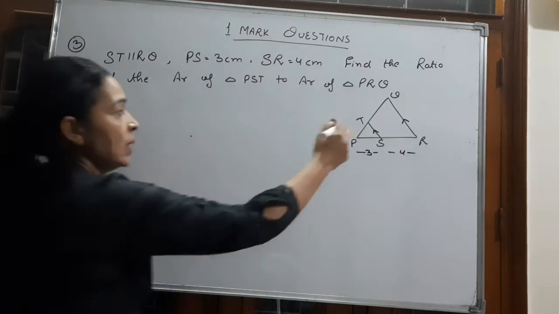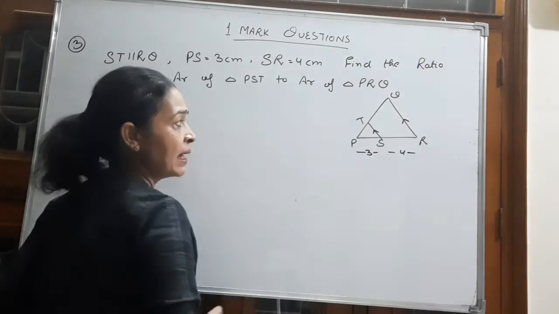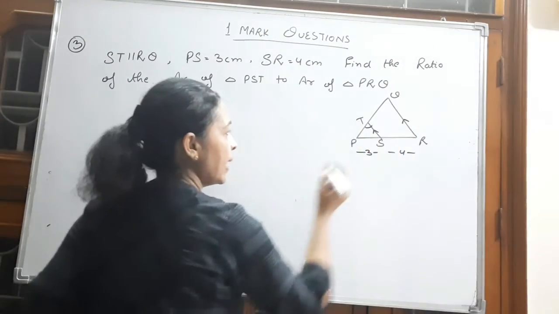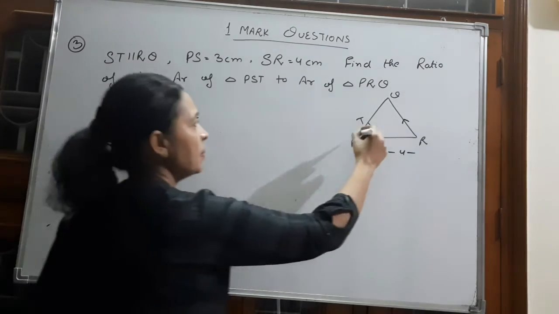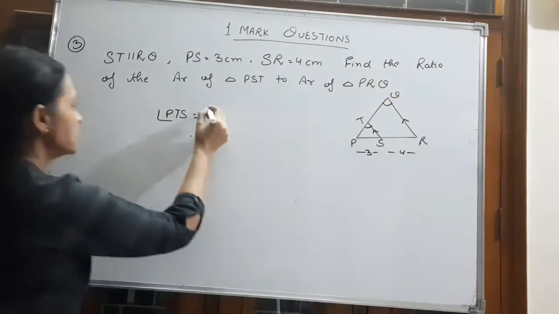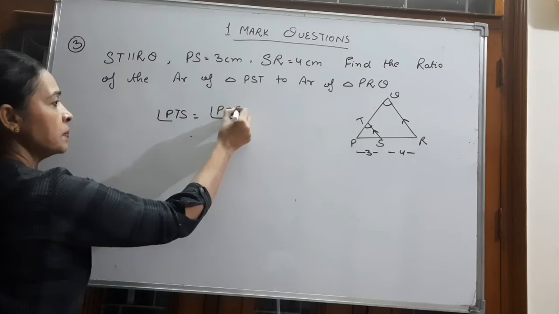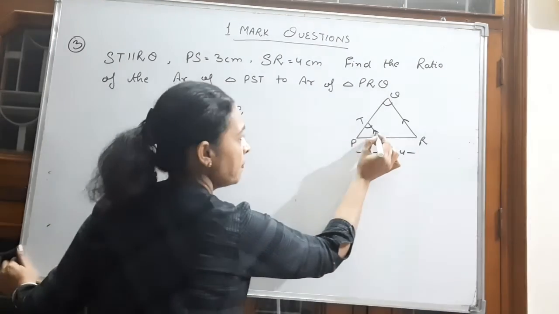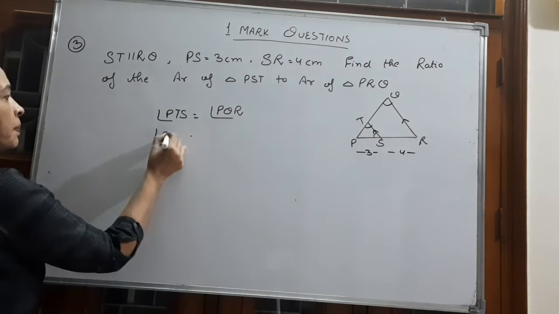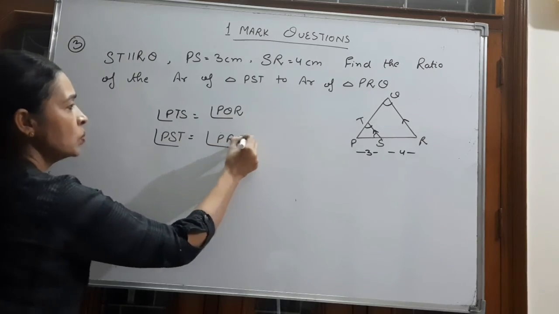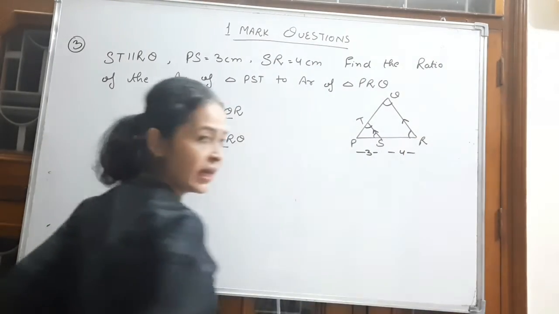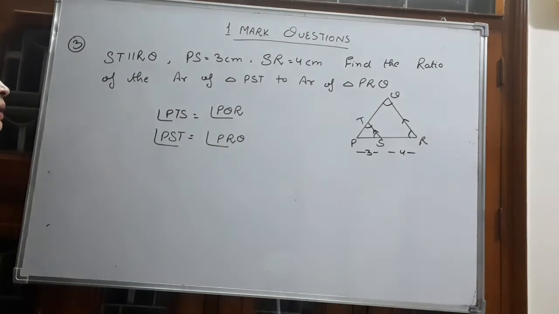Now, children, these lines are parallel. Angle PTS equals angle PQR and angle PST equals angle PRQ. Why? Corresponding angles, as both the lines are parallel.